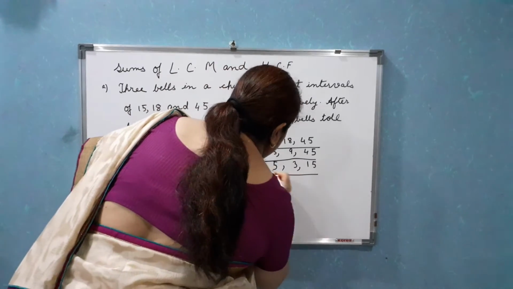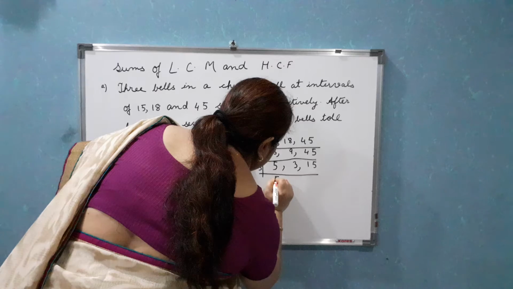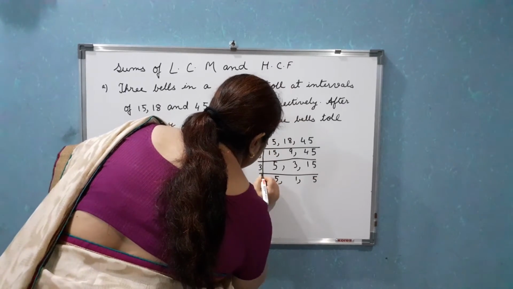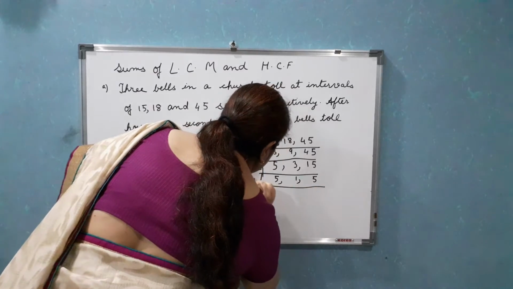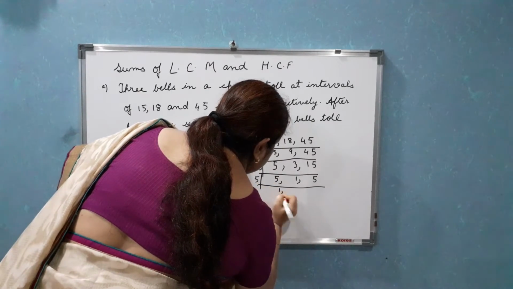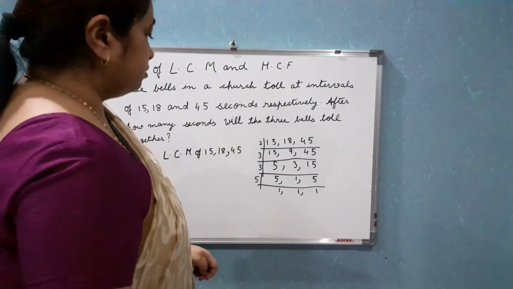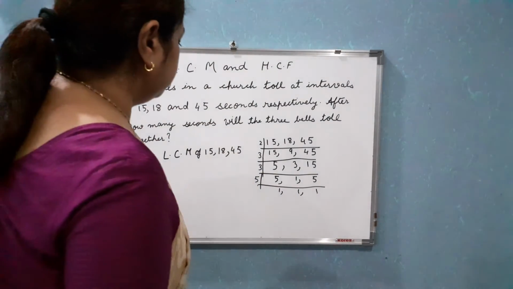Then again 3 1s are 3, 3 5s are 15. Again last 5. You know how to find our LCM? Earlier I have taught you.